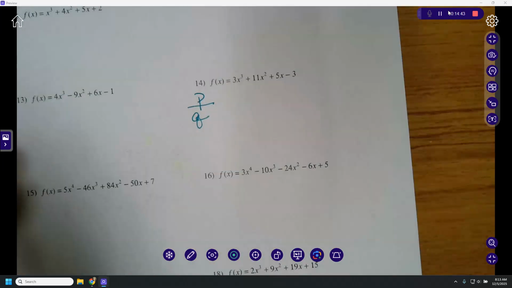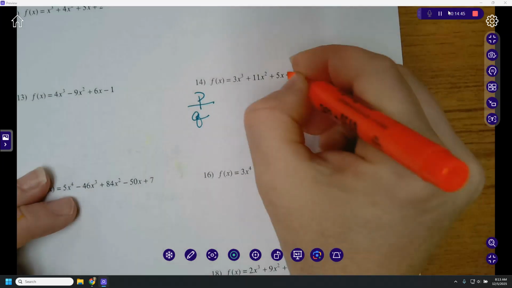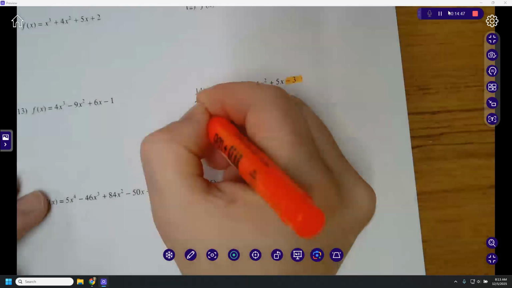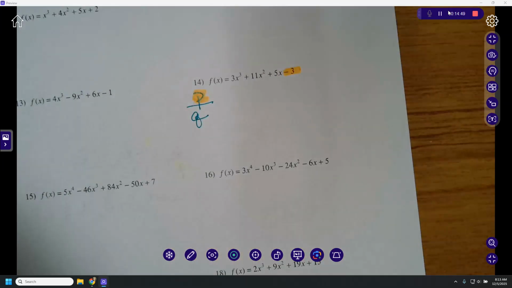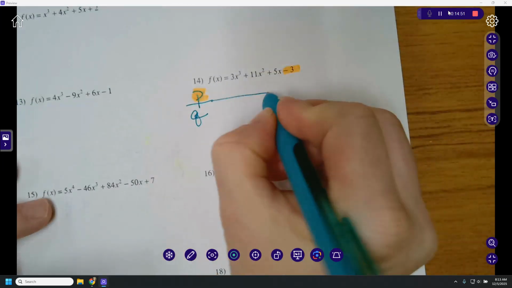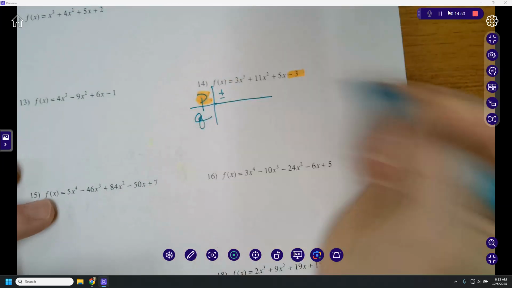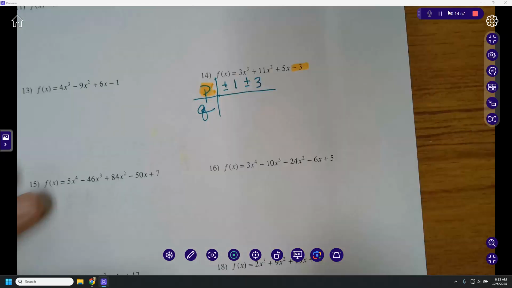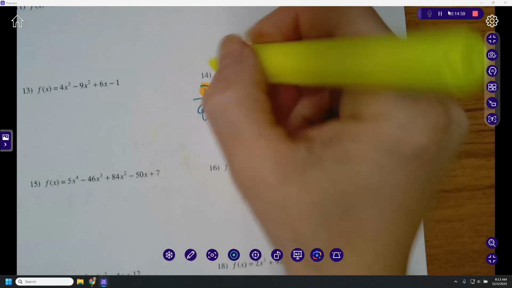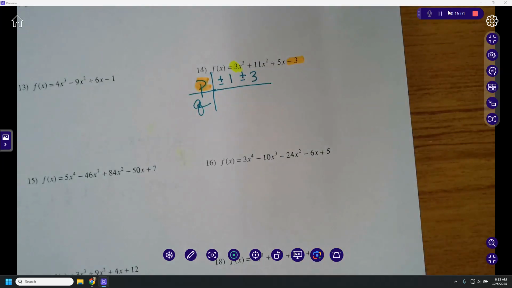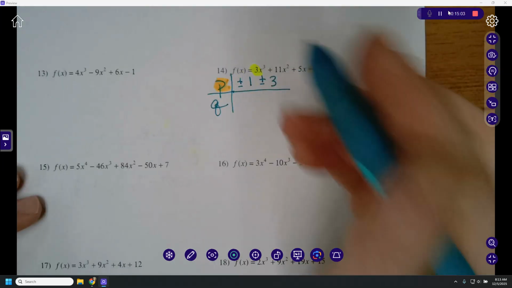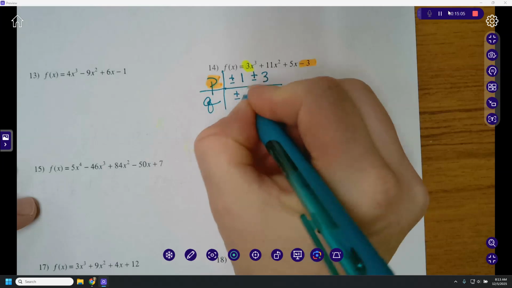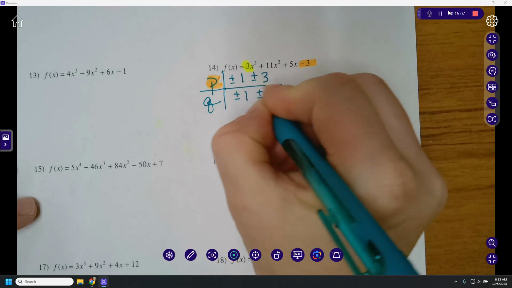Well, on this one, they're both 3s, so that's pretty easy. What are the factors, or things that go into 3? 1 plus or minus, and 3 plus or minus. Then I have plus or minus 1 and plus or minus 3 on the bottom.